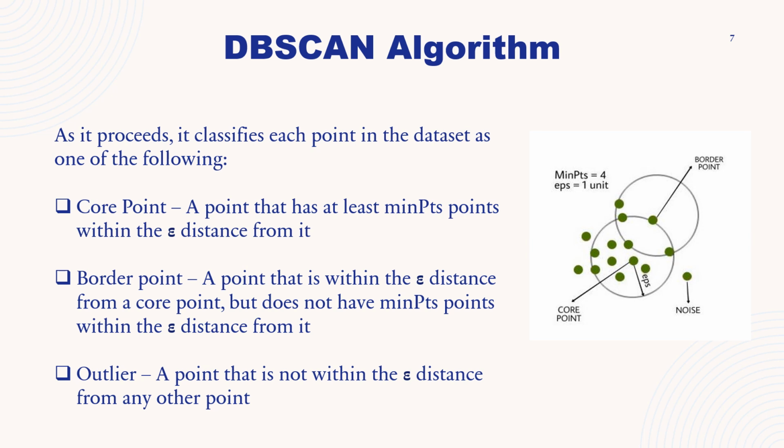As the algorithm proceeds, it classifies each data point in the dataset as one of the following. So you will either have a core point, a border point, or an outlier. Now, when a point is a core point, then we say that that point has at least min points within the epsilon distance from it.